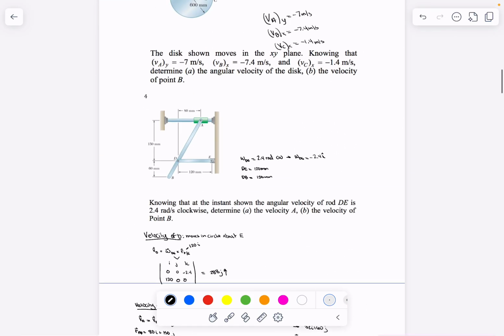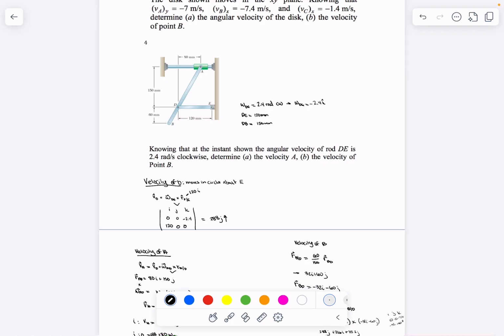For 4, knowing at the instant shown the angular velocity of rod DE is 2.4 radians per second clockwise.